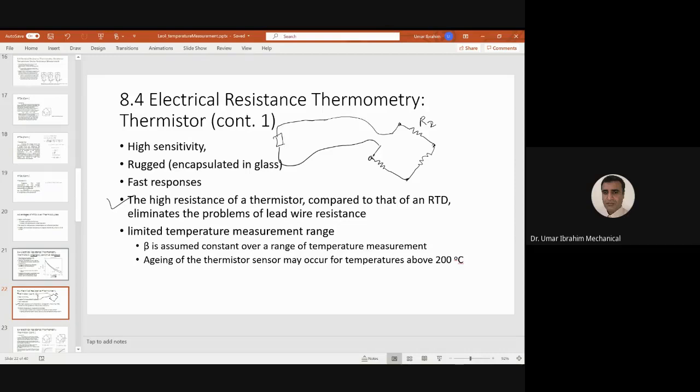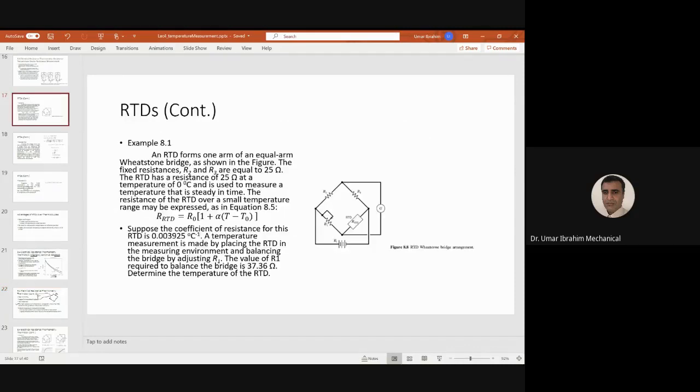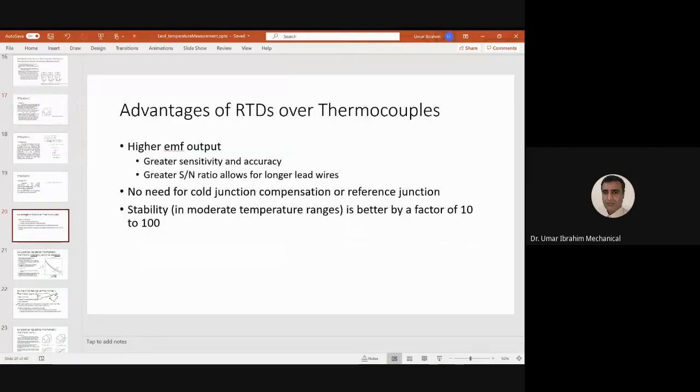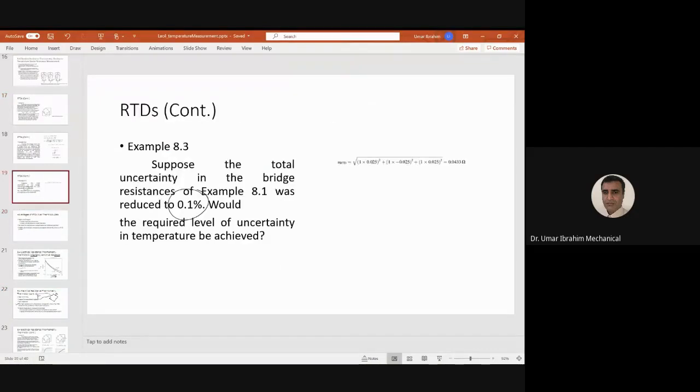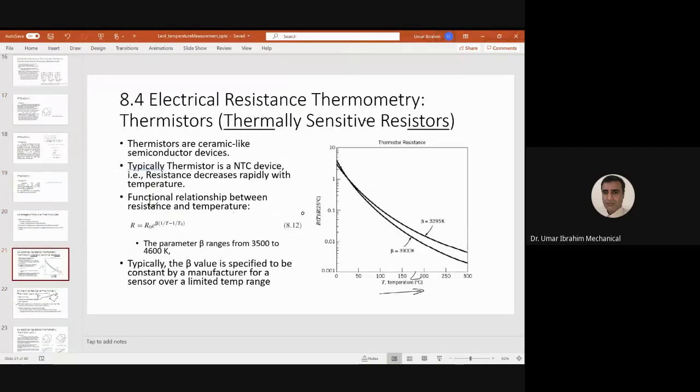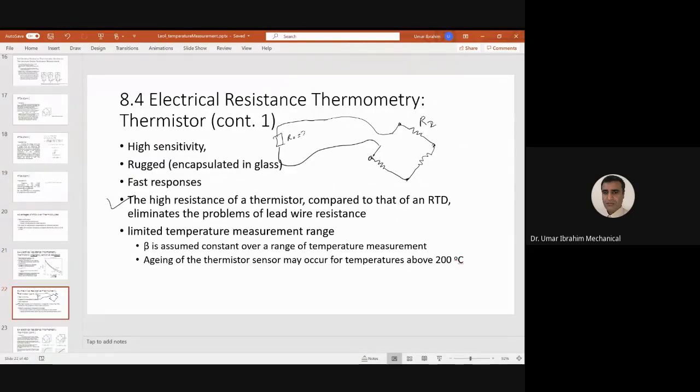Now let's suppose RTD R naught value is equal to, let's use a 25 ohm. R naught value of 25 ohm. And this is 25 ohm and 25 ohm and 25 ohm.